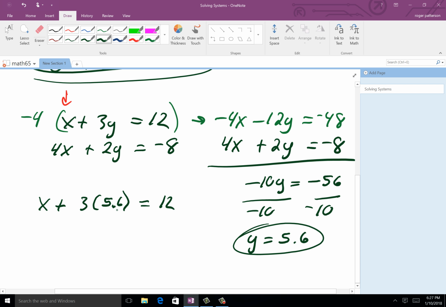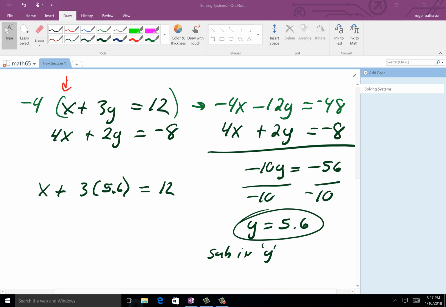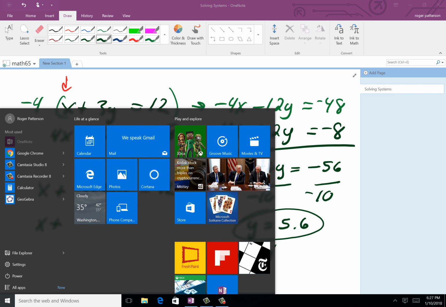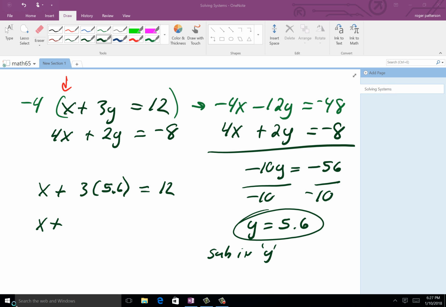All right, so I'm going to substitute that in, sub in y. And now I just got to go ahead and work this out. So I got to take 3 times 5.6, 16.8.